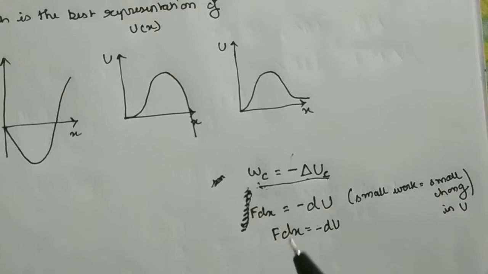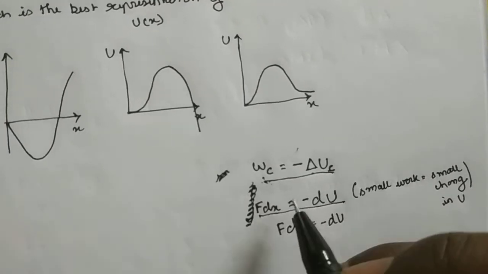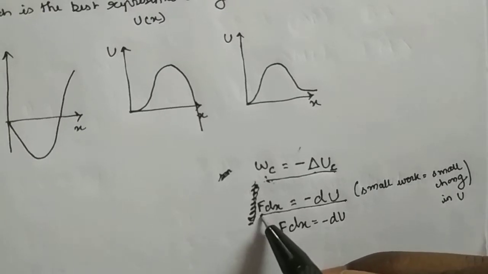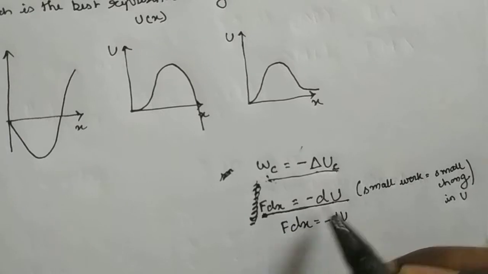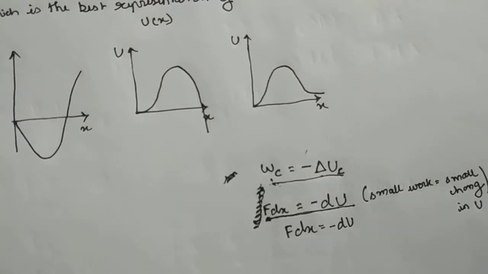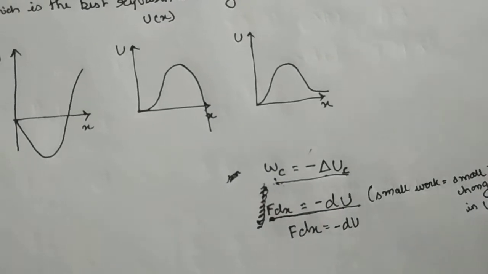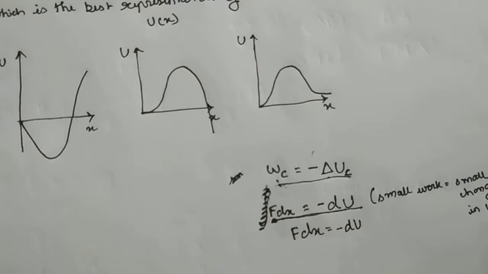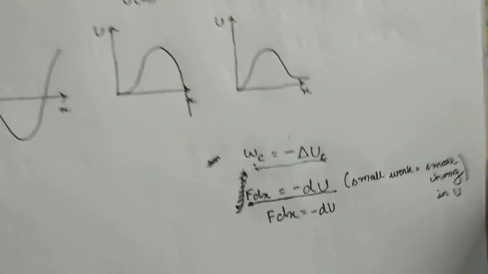So this is what we would call a difference equation. Now for small quantities, work can be written as f dot dx, because of a small displacement, and if they are in the same direction, then f dx equals minus du, a small change in potential energy.